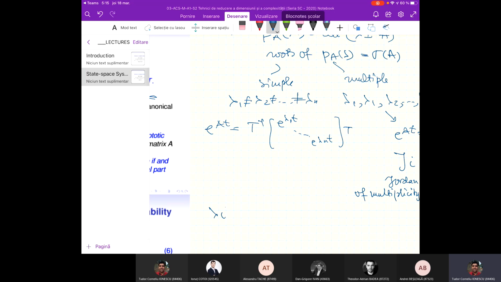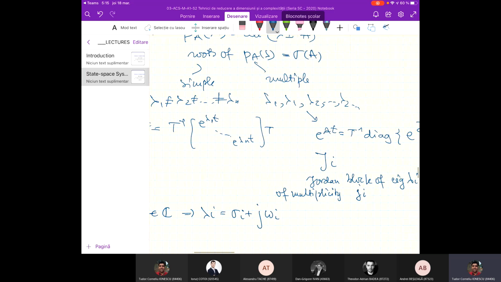Lambda i is a complex number, which means it can be written as sigma i plus j omega i, where j squared is -1.